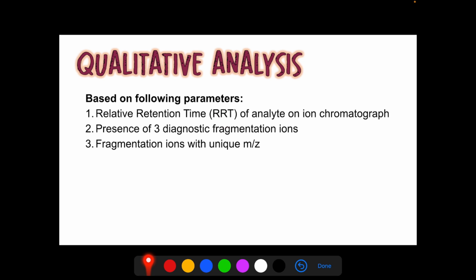It is calculated as the time from the injection to detection of the analyte. Also, the presence of 3 diagnostic fragmentation ions with unique m/z ratios. The mass spectrum is expressed in units of m over z, where m stands for mass and z stands for the charge number of ions. Remember, the mass analyzer of the mass spectrometer separates the ions according to their mass and charge ratio.